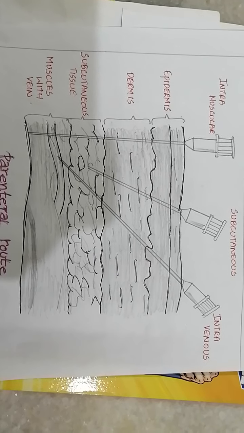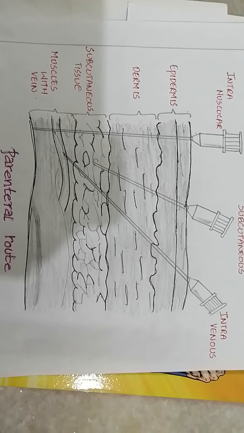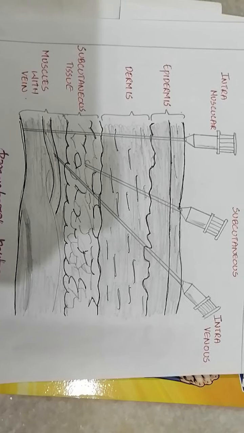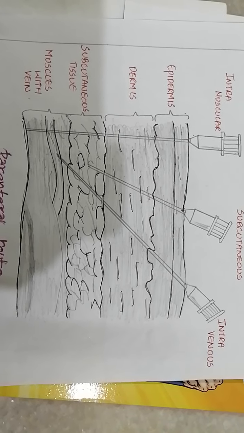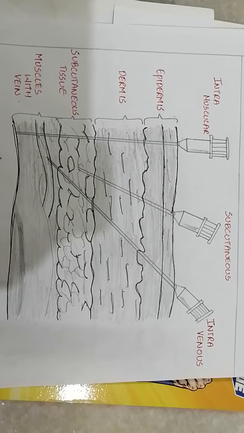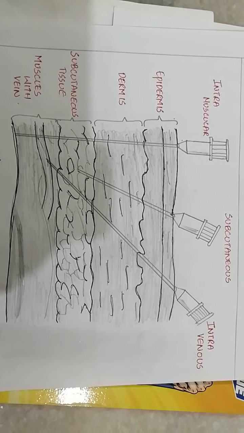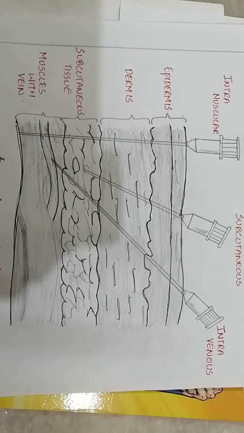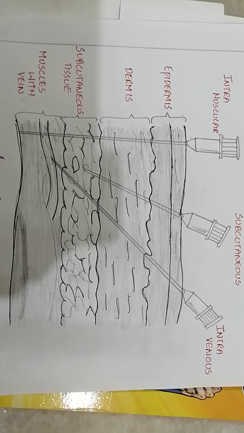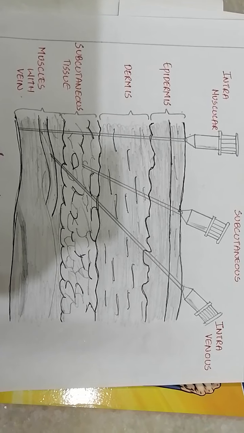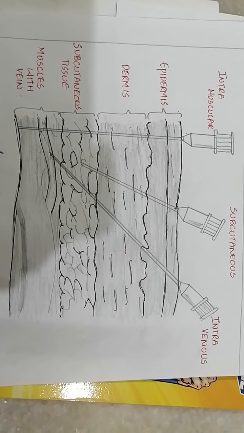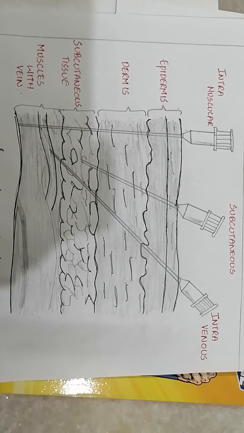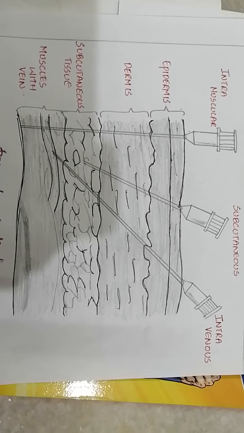For the intramuscular route, you can see very clearly that the drug is injected into the muscles. For subcutaneous, the drug is injected into the subcutaneous tissue, for example insulin. By this diagram, you can clearly understand where the drug is getting injected.